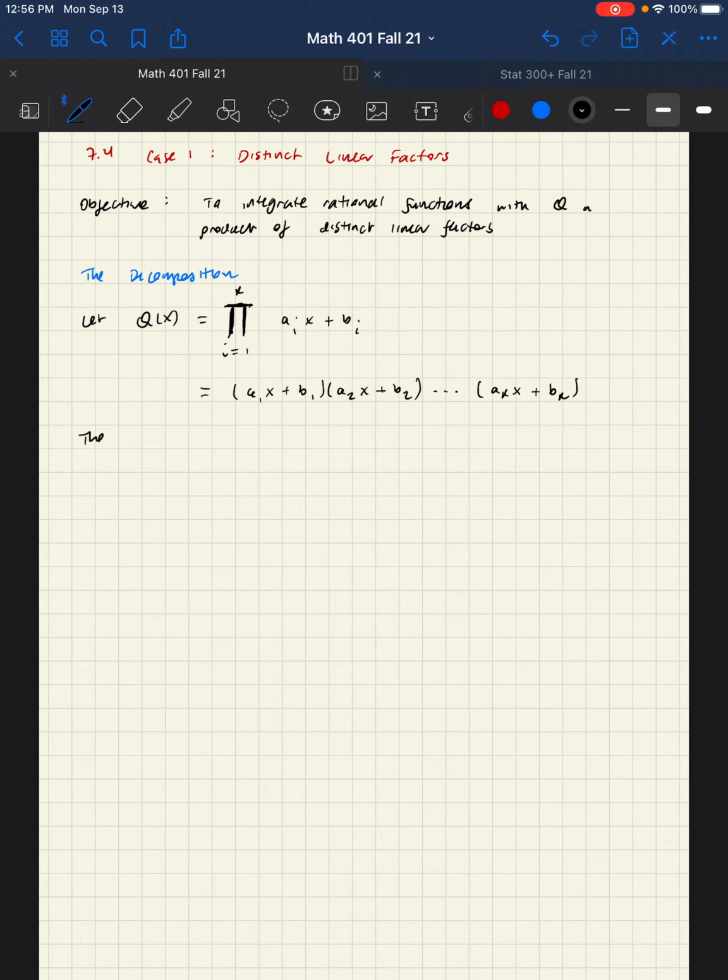Then the method of partial fraction decomposition says there exist capital A sub 1, capital A sub 2, dot, dot, dot, capital A sub k, such that p of x over q of x, regardless of what p of x is, as long as the degree is less than the degree of q, is equal to the sum of these rational functions.